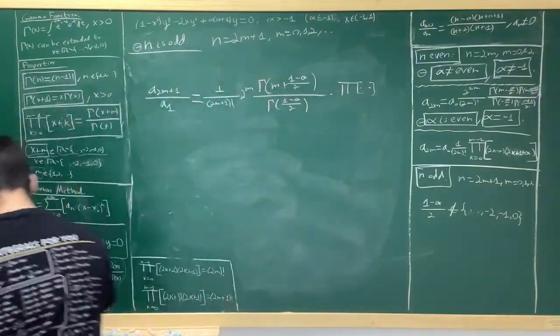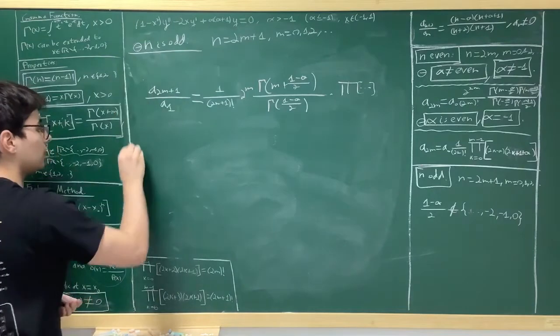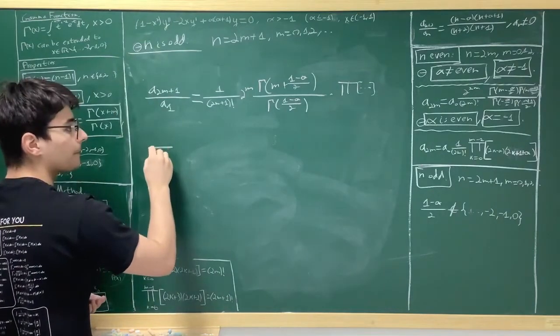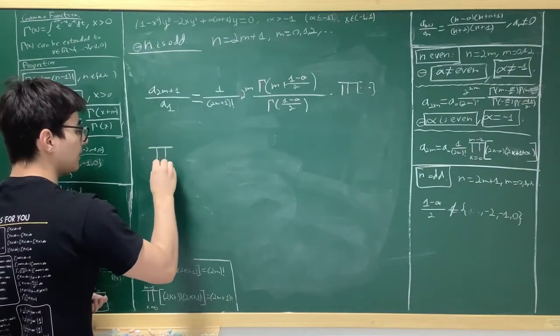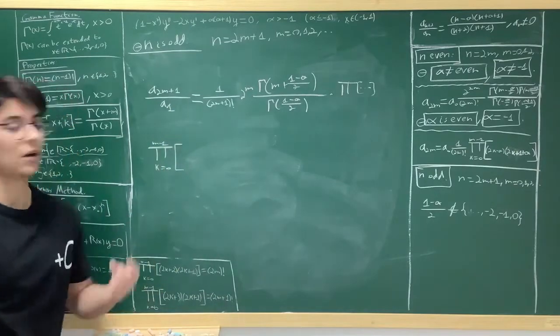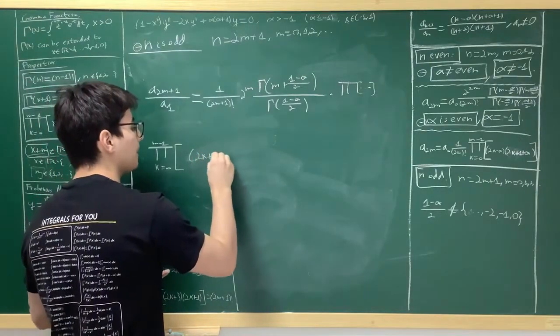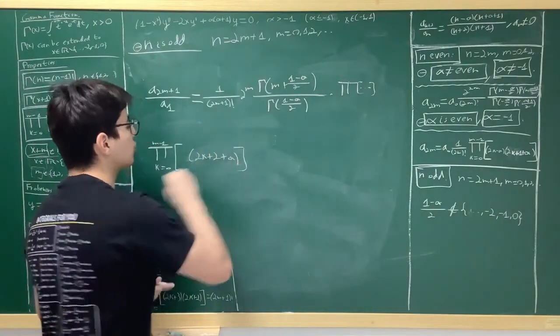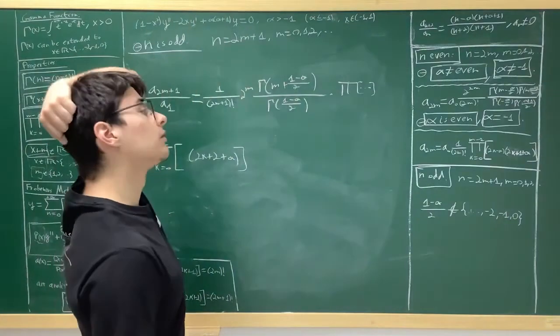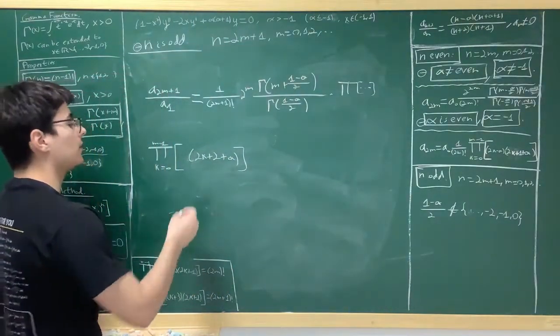So this other product is capital pi from k equals 0 to m minus 1 of 2k plus 2 plus alpha.